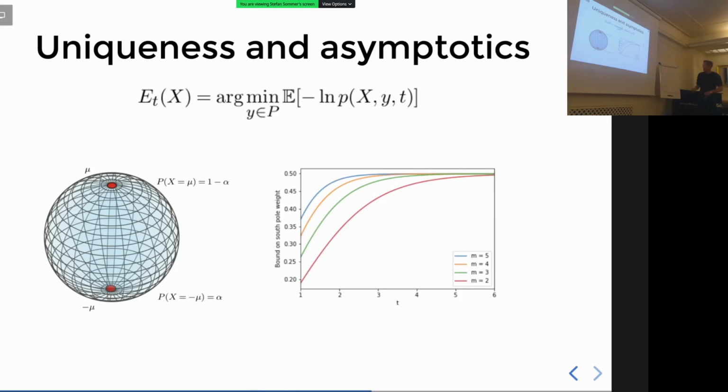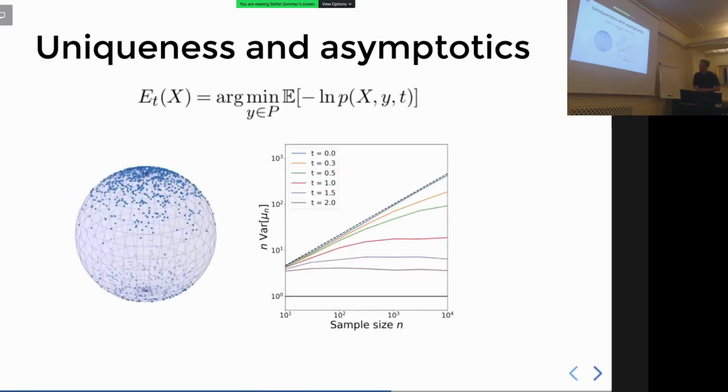Okay, so that's uniqueness. And another thing you would look at is asymptotics. Asymptotics meaning when your sample size goes to infinity, how fast do estimators of the mean from your data converge to the true distribution mean?